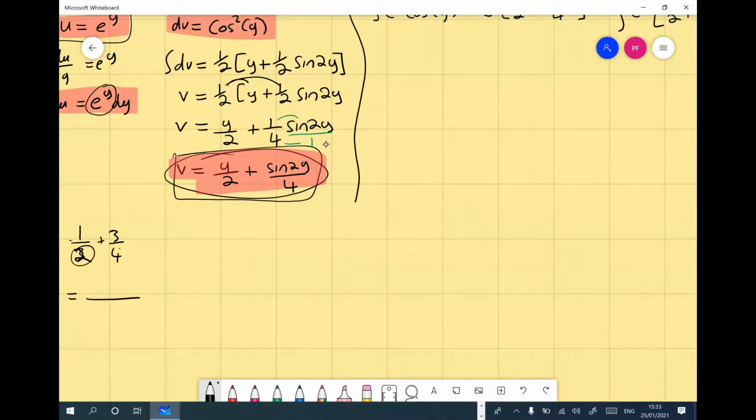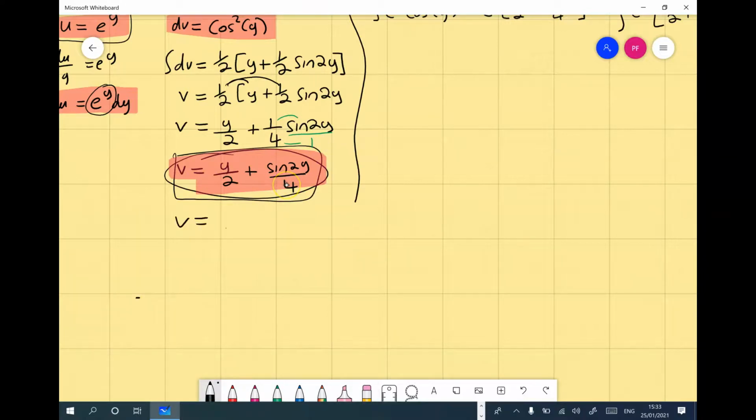Obviously 2 and 4 both go into 4. So if I multiply this denominator by 2, I have to multiply the numerator by 2. So 2 times 1 is 2. And I'm not changing this denominator, so the 3 gets to stay as it is. So that would be 2 plus 3 over 4. And I'm going to apply the same principle to simplify this, just to make it a little easier to look at.